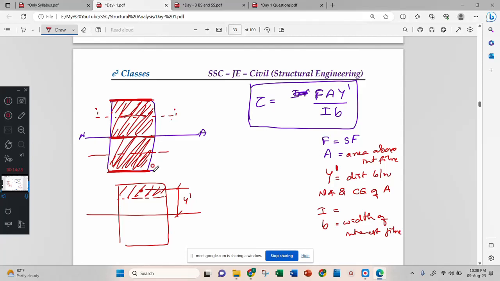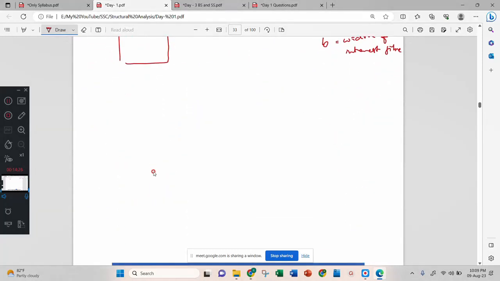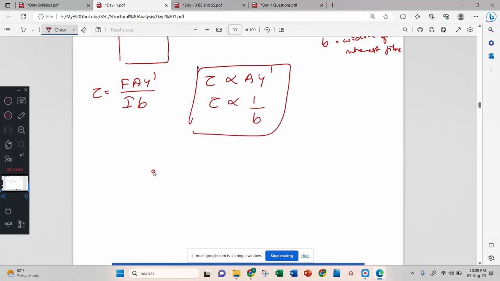Correct? Now look at here, once again, tau equal to F A y dash by I b. Tau is directly proportional to A and y bar. Tau is inversely proportional to b. Remember these two. I am not writing tau is directly proportional to F and tau is inversely proportional to I. This is wrong.